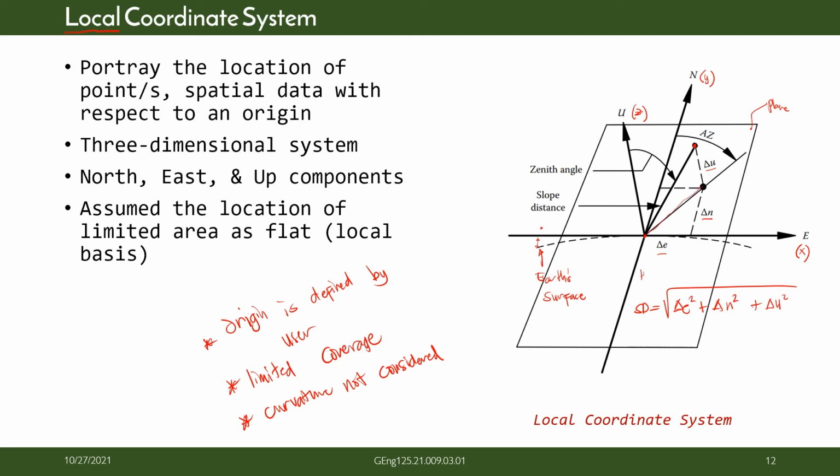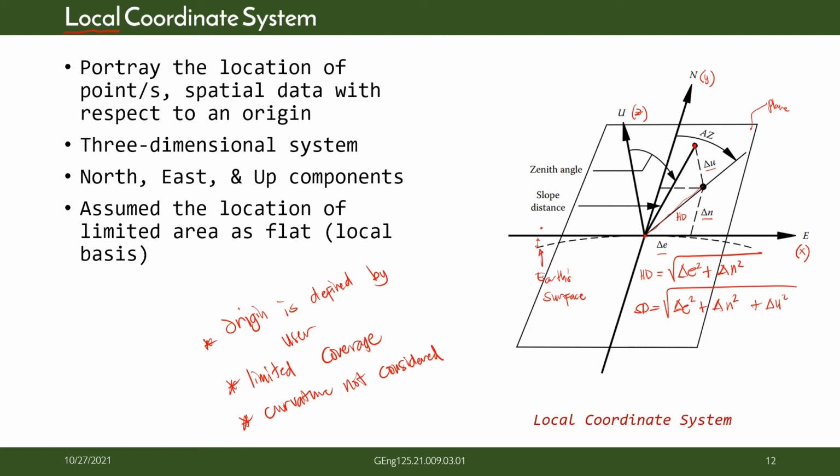The horizontal distance would be equal to the square root of delta E squared plus delta N squared. That's how you compute your horizontal distance and slope distance. You can also compute the azimuth, given that you already have your difference in eastings and difference in northings.